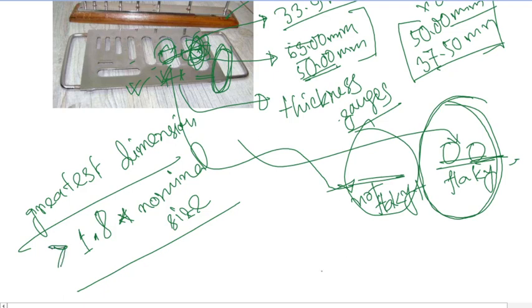The previous one is less than 0.6 nominal size, and this one is greater than 1.8 nominal size, and this will be called an elongated particle.